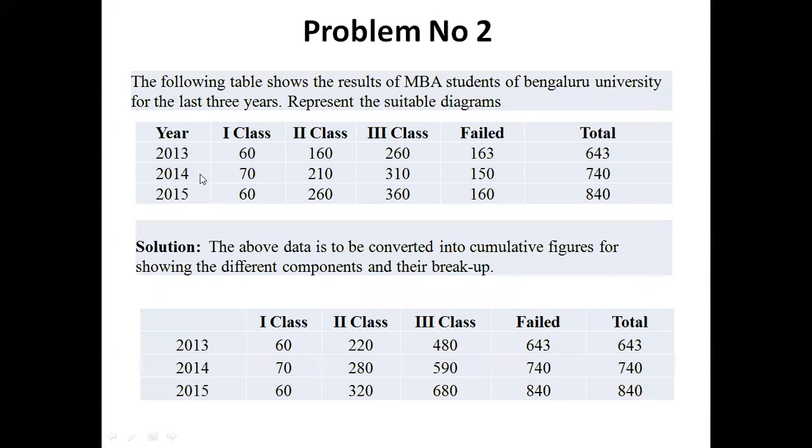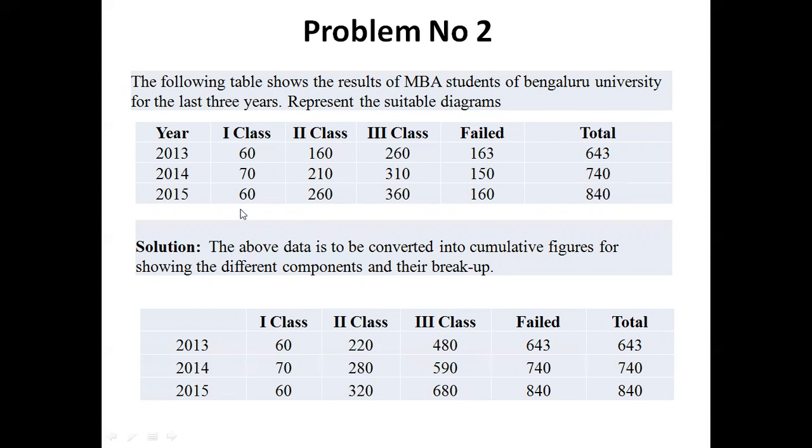They have analyzed their result. First class students are 60, second class 160, third class 260, failed students were 163. So total strength is 643. Similarly in 14: 70, 210, 310, 150, total strength is equal to 740.